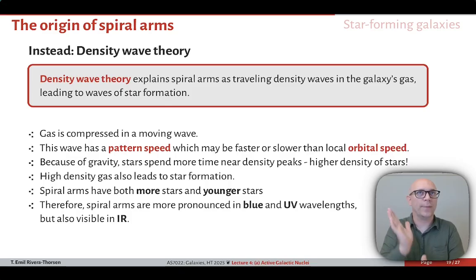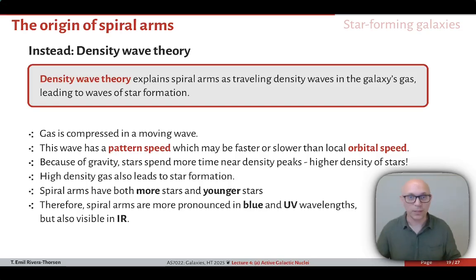If the orbital speed is faster than the density wave pattern, and you are a star somewhere out in the disk, what you would see is basically the same as when you're out driving and suddenly hit a patch of heavy traffic. The cars suddenly become closer to each other. You spend quite a lot more time in this before you eventually get through it, and you can speed up and keep moving, and there will again be more distance between the cars and you will be moving at a higher speed.